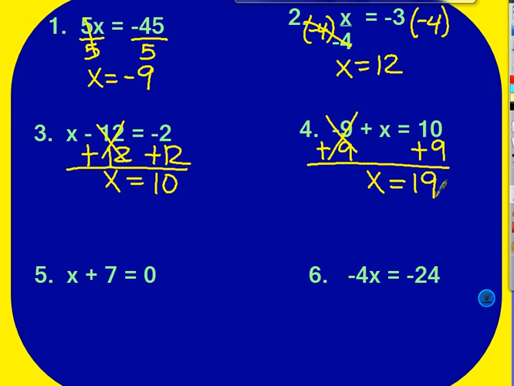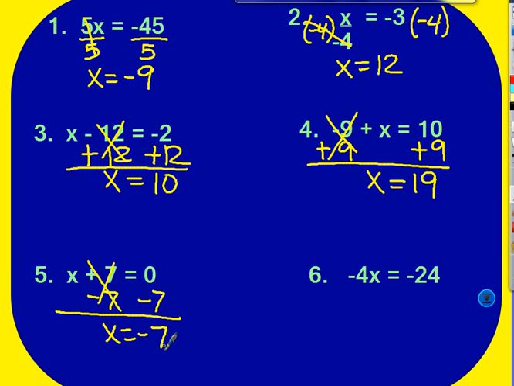Number 5 illustrates addition. I will use subtraction to remove the positive 7 and get the x by itself. My solution came out to be x equals negative 7.